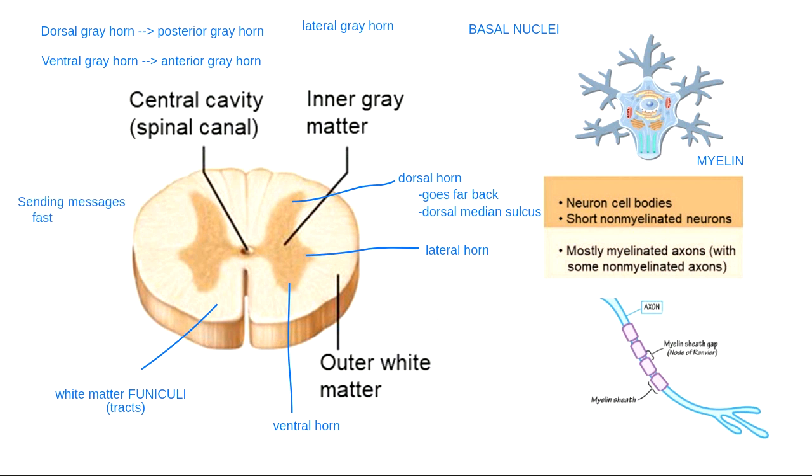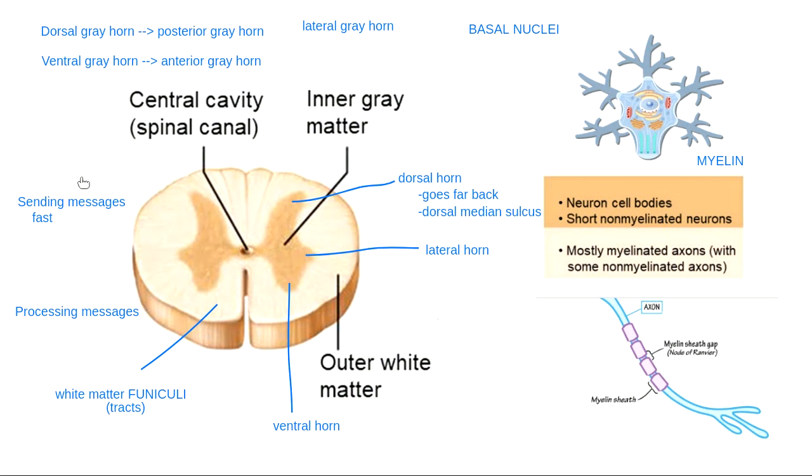The other function of the spinal cord is processing messages. Which of these functions would be better done by the white matter of the spinal cord? Would the white matter of the spinal cord be better at sending messages or processing messages?